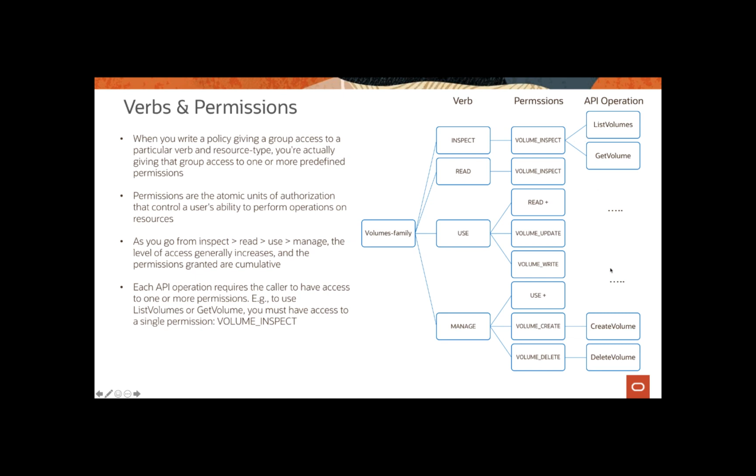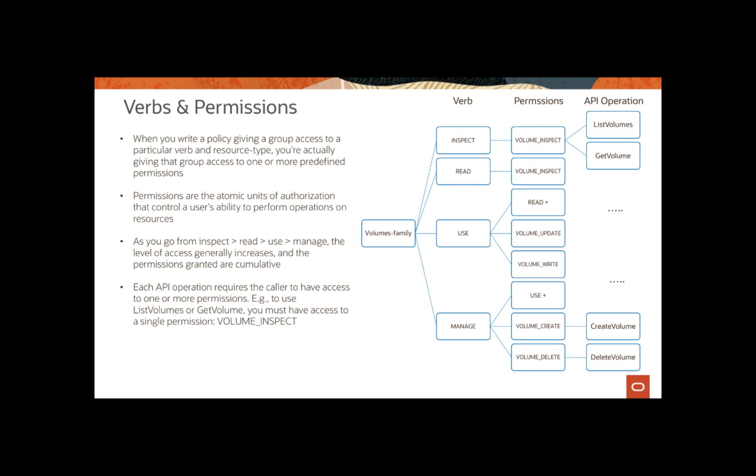For the attach volume, you would need access to the permission called volume write. But you would also need to get access to the volume attachment create permission and the instance attach volume permission. So three different permissions are required for a single API operation. Some of these permissions are part of the volume family, and some are part of the instance family.